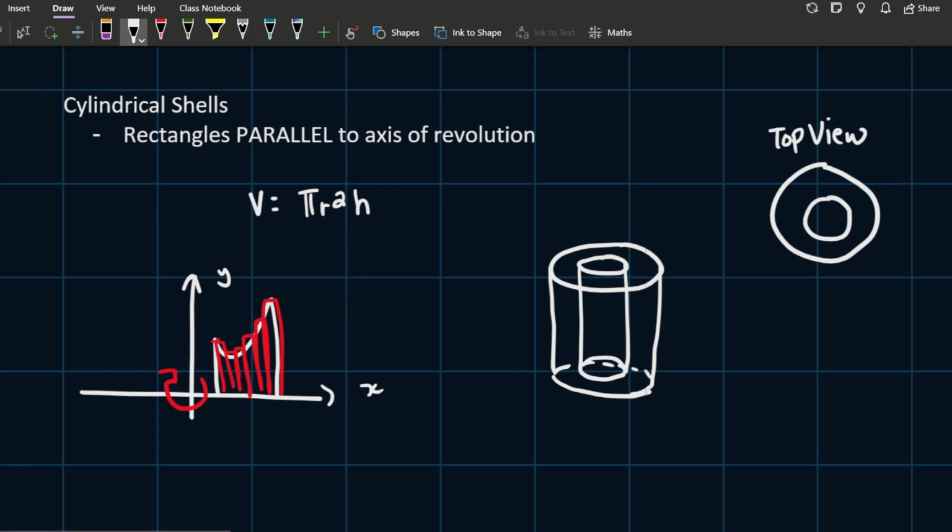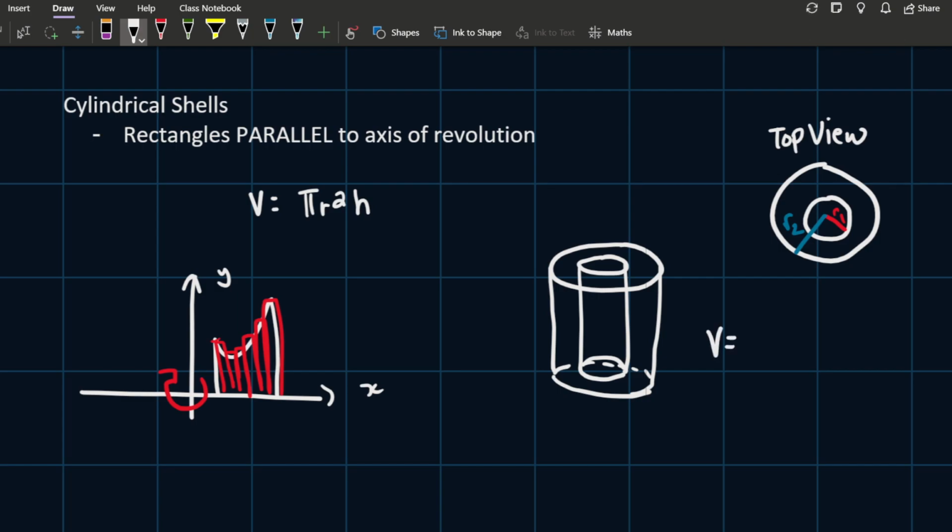Now, i-assign natin yung mas maliit na cylinder as having a radius of R1. Tapos, yung mas malaki, gawin natin ang radius niya ay R2. Okay, so technically, the volume of this entire thing would be the volume of the bigger cylinder minus the volume of the smaller cylinder.